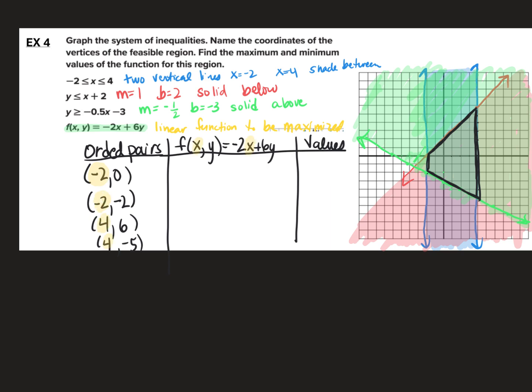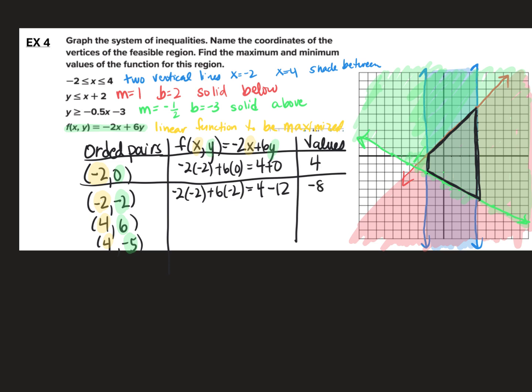And I'm going to substitute 0, -2, 6, and -5 in for y. -2 times -2 plus 6 times 0 is 4 plus 0, which is 4. That's the first one. The second one, -2 times -2 plus 6 times -2 is +4 minus 12, which is -8.